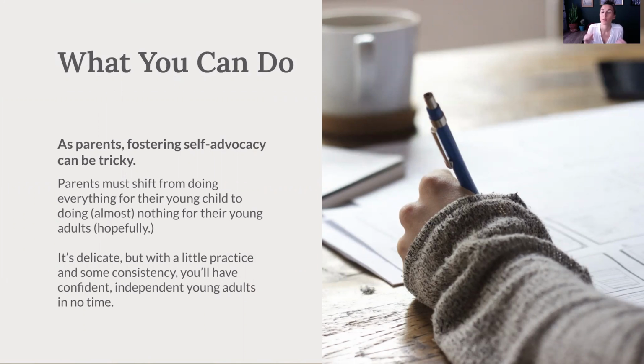What can you do? So fostering self-advocacy in your student and your children is tricky, because we go from caring for them completely 100% to hopefully we get to a point where we're completely hands-off.